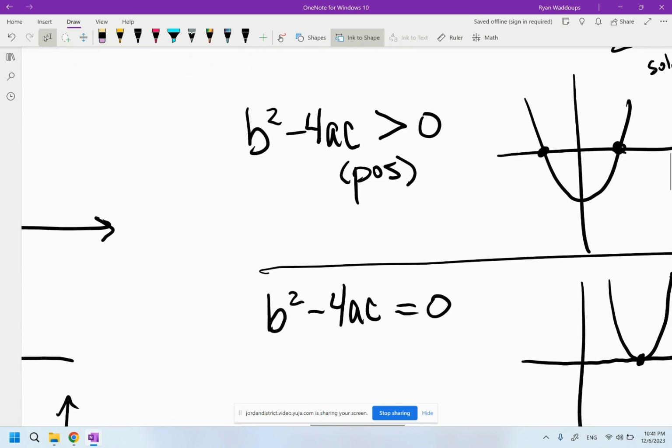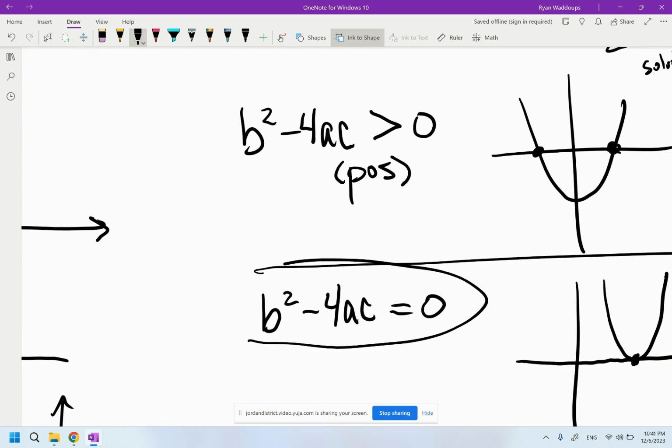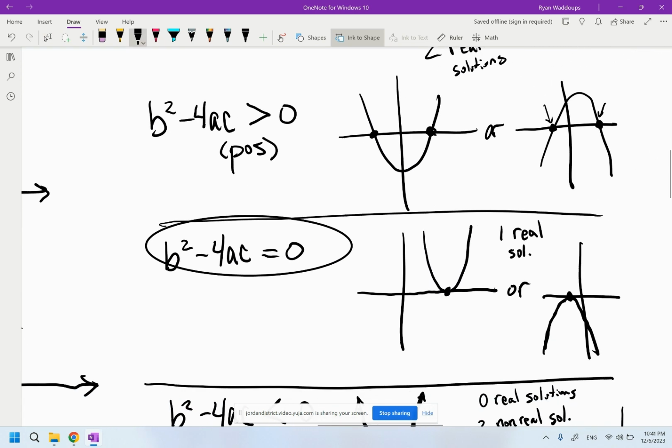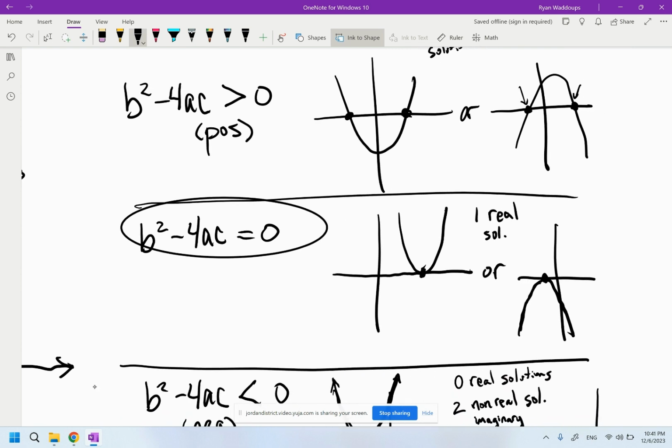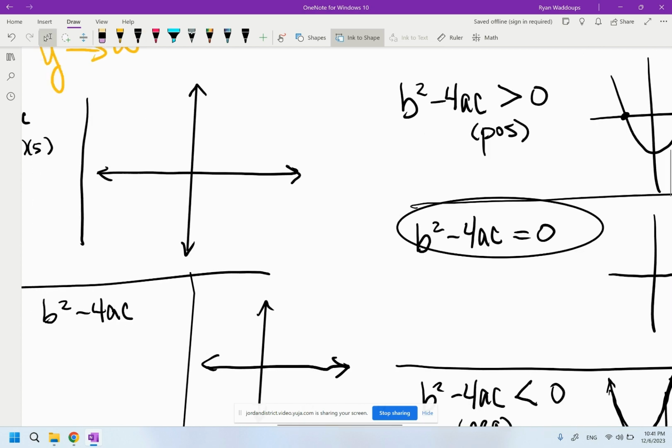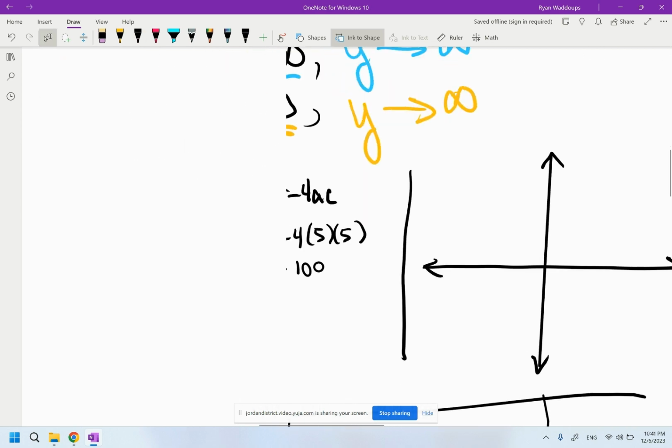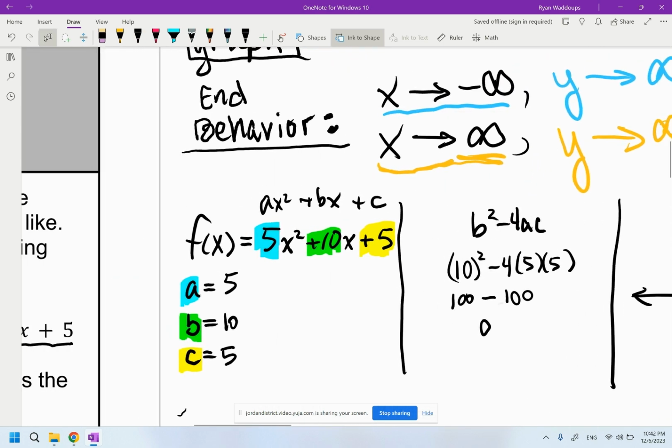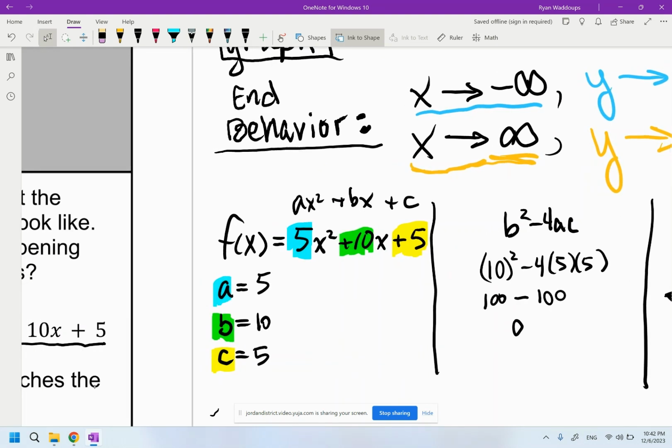When your discriminant is equal to 0, then it has one solution. So it's going to have one x-intercept. And then I say, well, wait. What else do I know? Well, a is 5. And since that's positive, we can say this opens up.